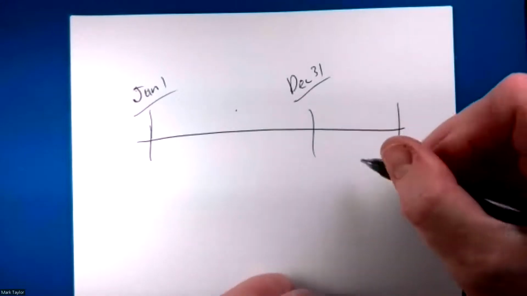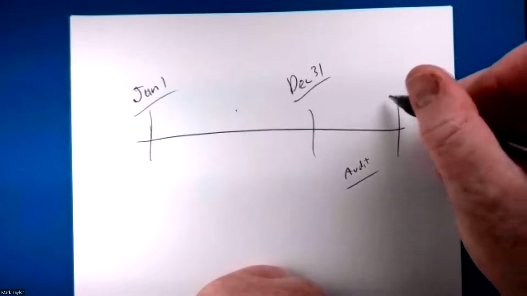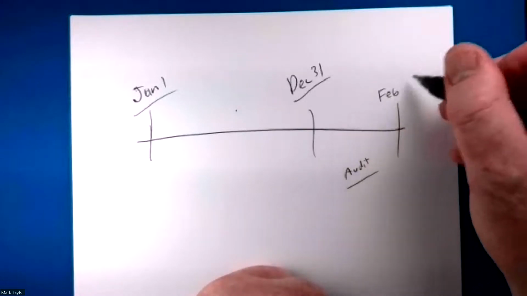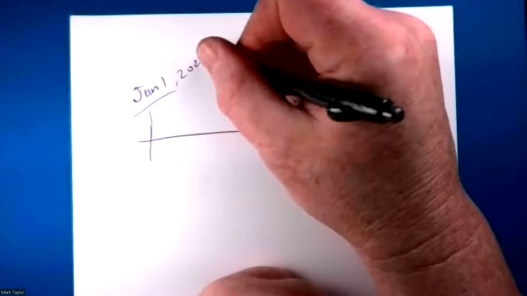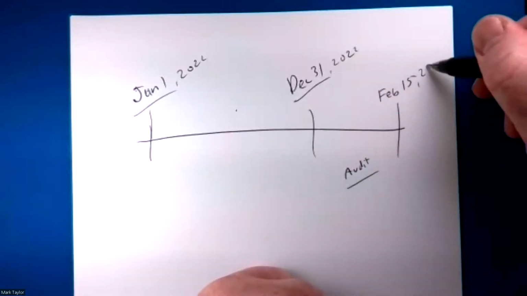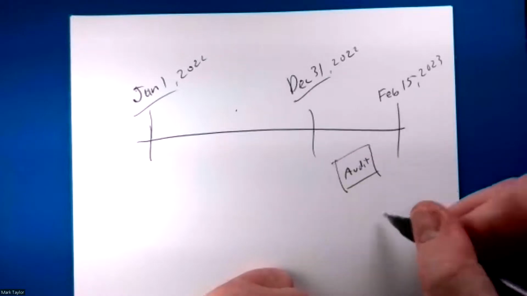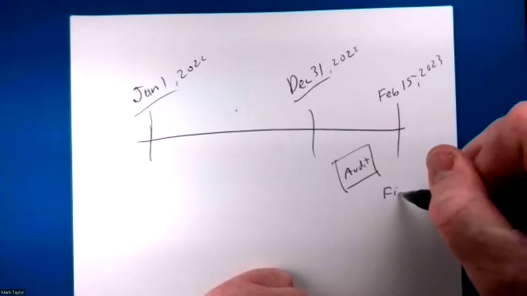Now, at the end of the year, a company gets audited. And somewhere over here, let's say on February 15th, I think I used that as an example. So this is January 1st, 2022, and this is 2023. So they get an audit done on the financial statements, and this is when the financial statements are done, are issued.